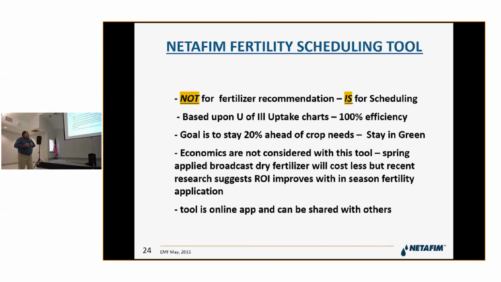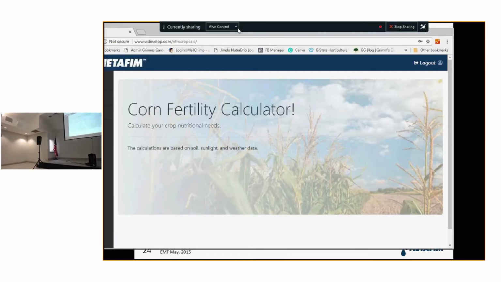And again, we moved the tool online last year. We had it as an Excel grid, and you had to have the version on your computer, and you had to be in your office, and so on and so forth. We moved it online, and you can start switching to the online version now. We moved it online for a couple of reasons. Number one, you can play around with it on your iPad in your pickup or wherever.